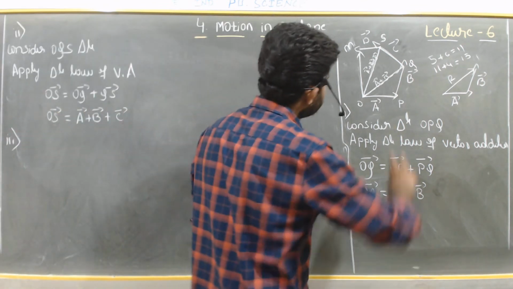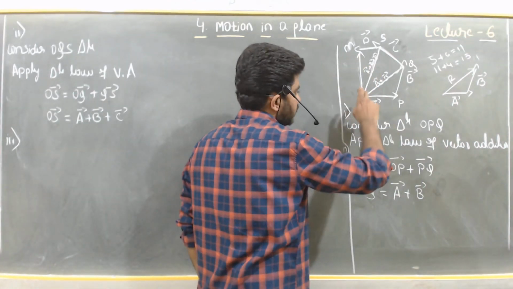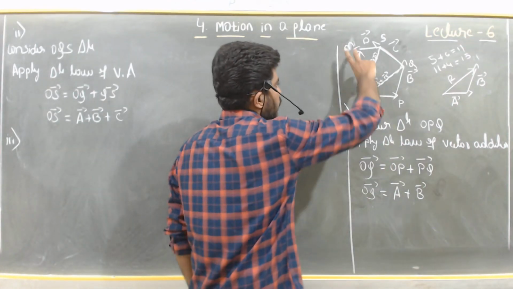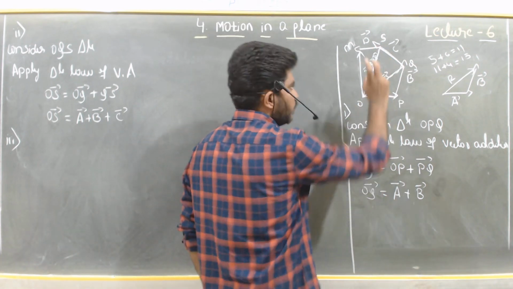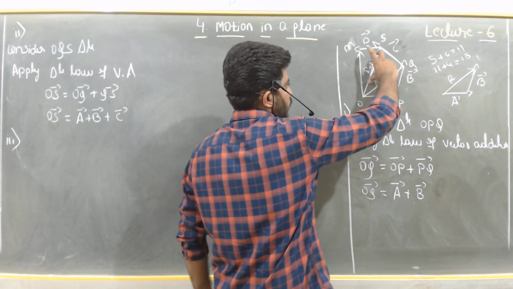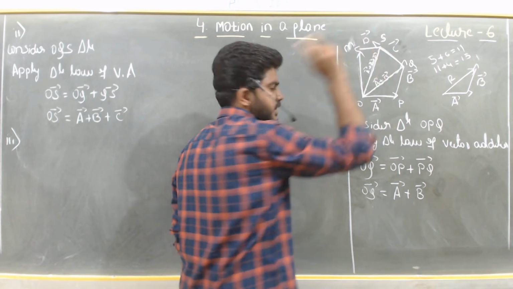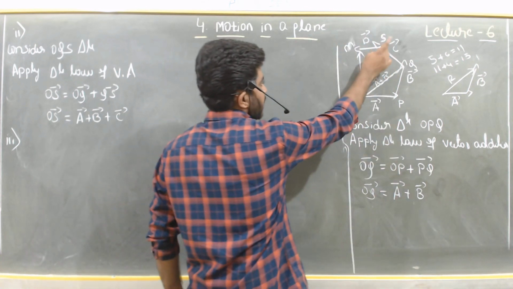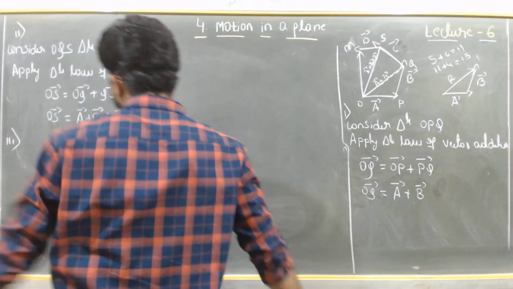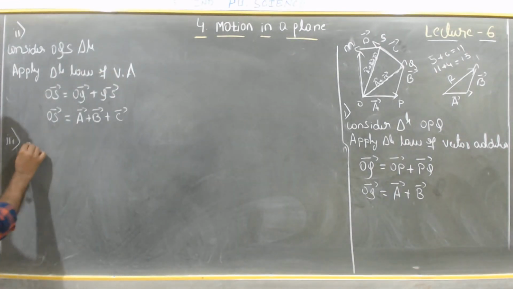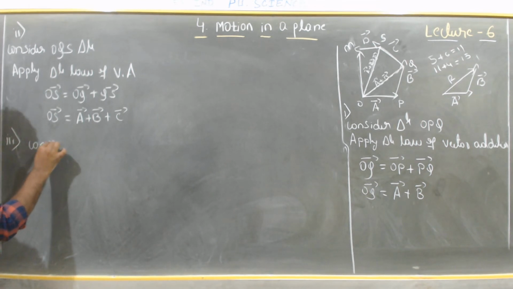Here the resultant side is which one? OM. OM is the resultant side, and in that OS side we have the value vector A plus vector B plus vector C, and another side we have SM. SM value already we have, D vector. Again, consider triangle.